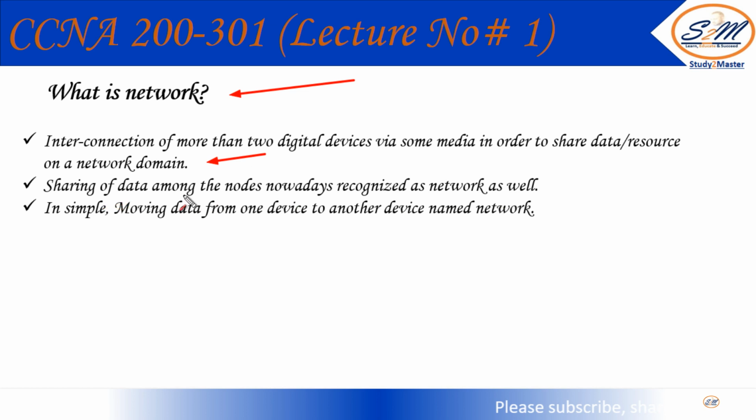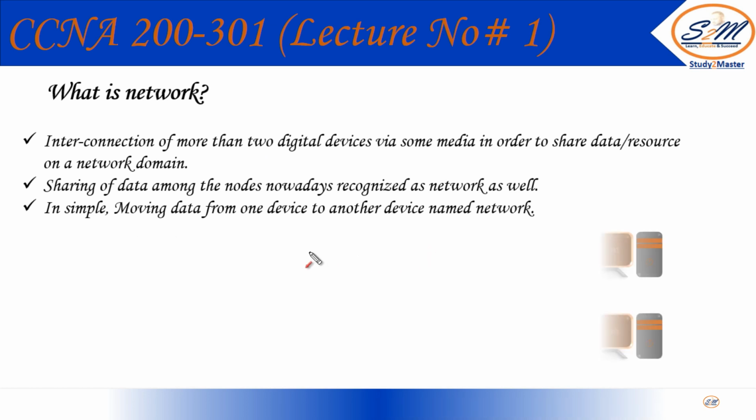Sharing of data among nodes is nowadays recognized as a network as well. So what's a node? We will discuss nodes. In simple words, moving data from one device to another device is named a network.